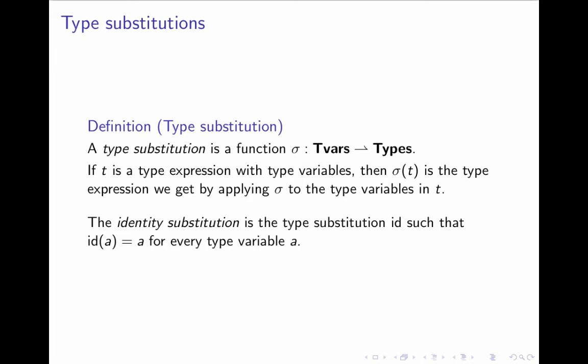We replace every type variable by the value found by sigma. And the identity substitution, that's the very boring type substitution that simply substitutes A by itself. Sometimes we call it id for identity.